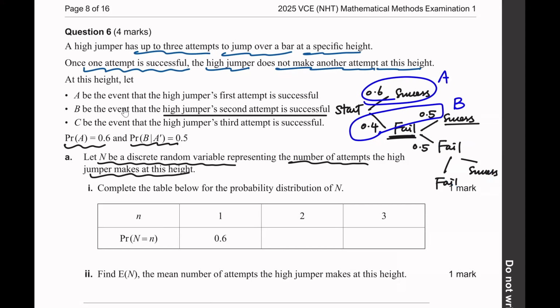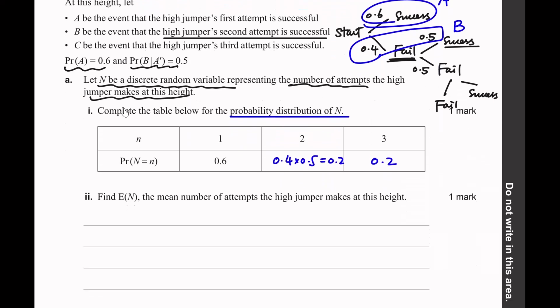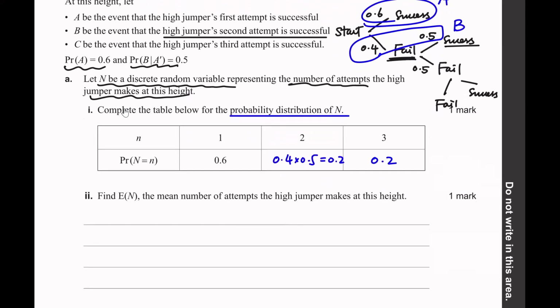Anyway, if you only make 2 attempts, that means your second must be successful. That makes sense. So the second time successful is 0.4 times 0.5, which is 0.2. And the last one, because this is a probability distribution, you have to add up all the probabilities to 1. So this is 0.2.